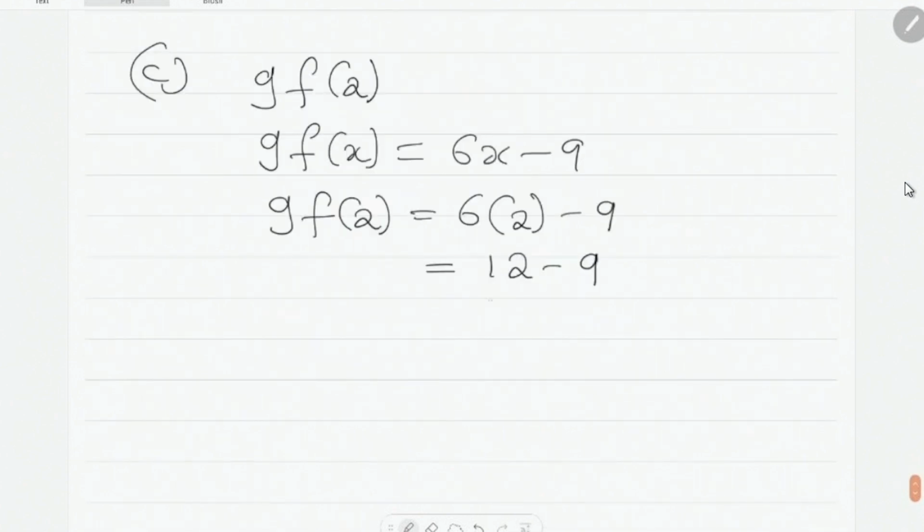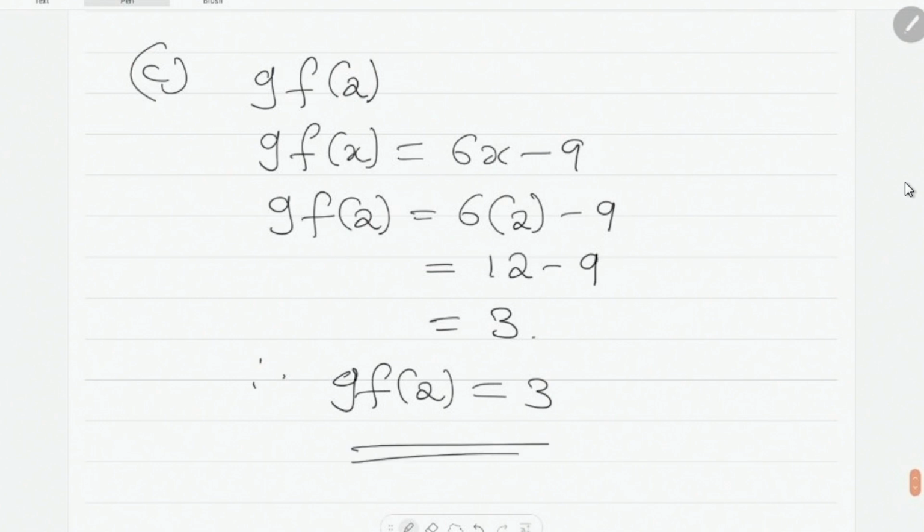Then 6 times 2, that gives me 12 minus 9. And then 12 minus 9, that gives me 3, positive 3. Therefore, the gf of 2 will give us positive 3. And that is how you answer question number 19, part C.